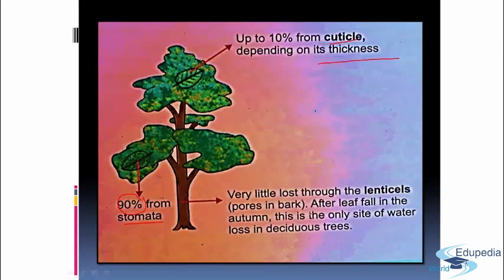Transpiration through lenticels is very less. After leaf fall in the autumn, this is the only site of water loss in deciduous trees. So this was an image showing you the ratios of transpiration done through different parts of the plant.